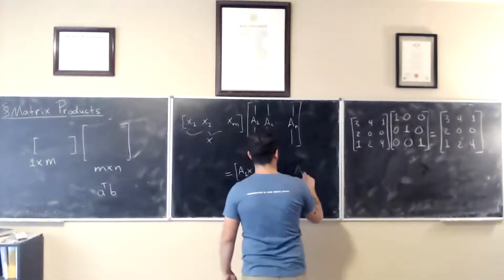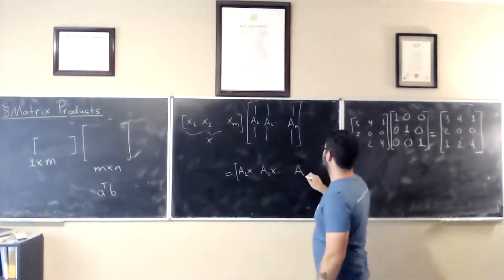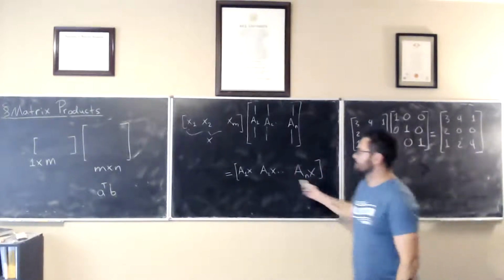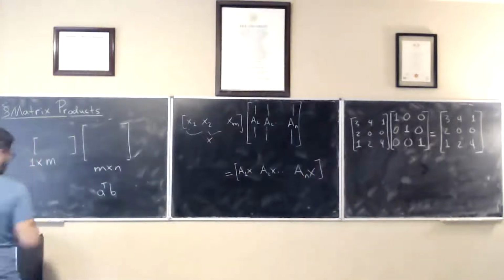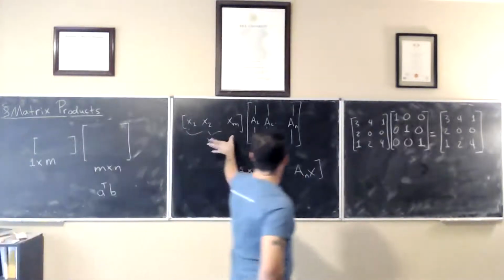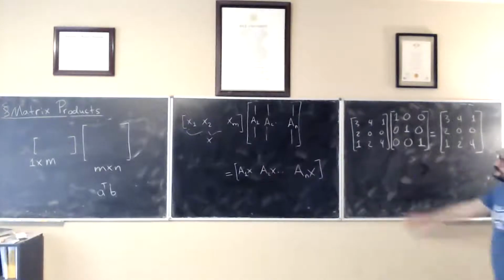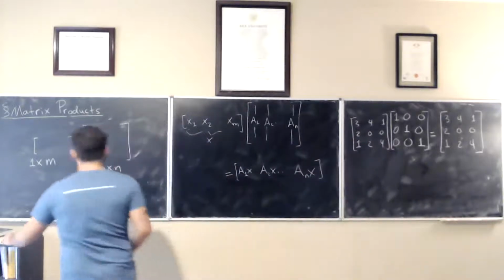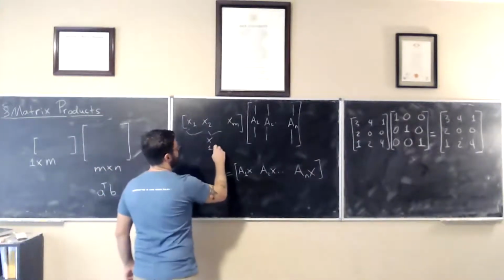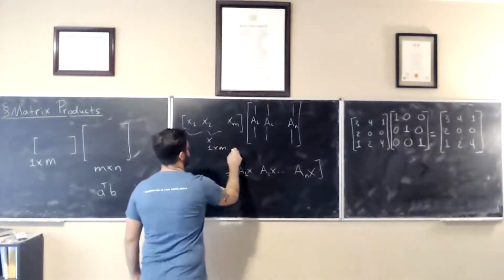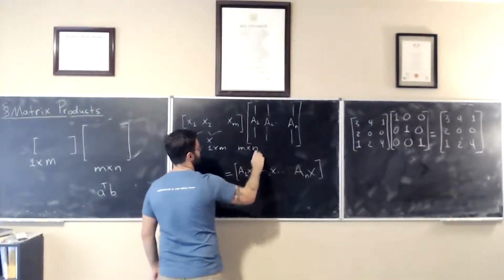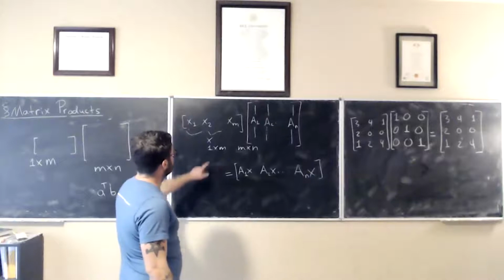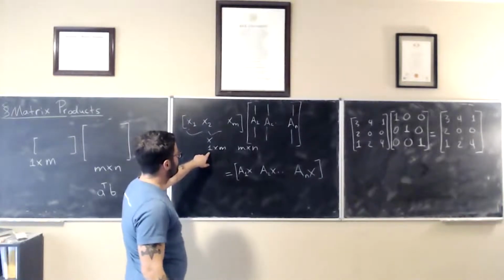Just do that for every column of that matrix. So row matrix multiplication gives you a row vector. You see that? Because this is a 1 by m matrix, and this is an m by n, the output is going to be 1 by n.